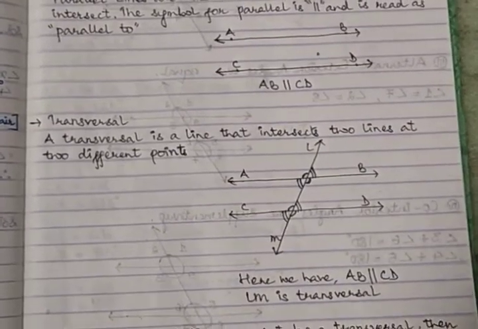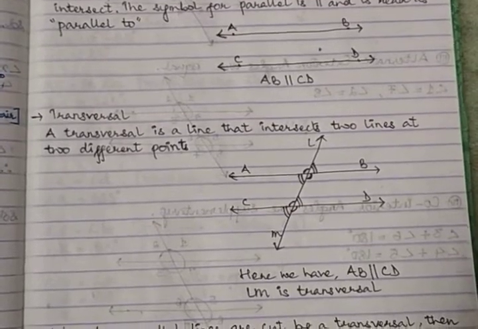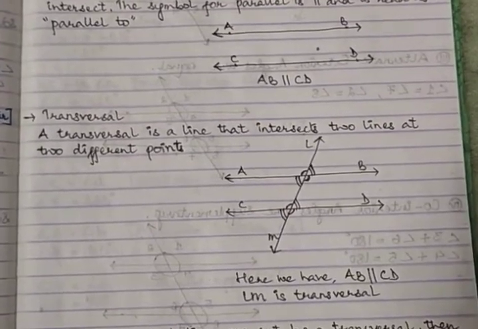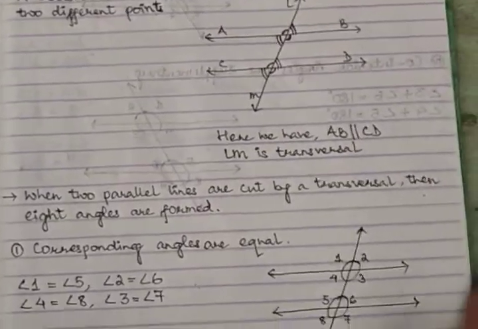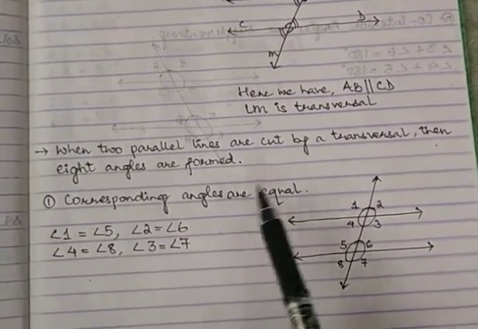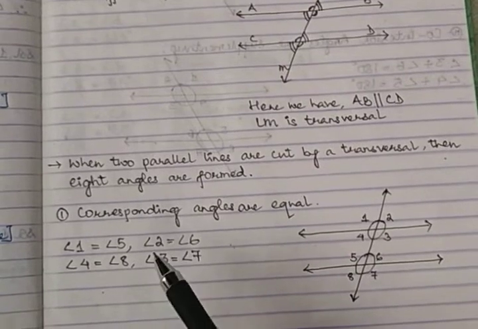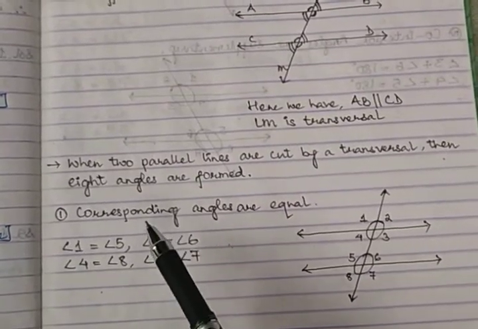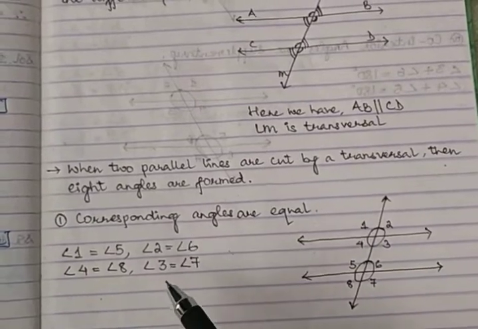In this video we'll try to understand the relation between those 8 angles. First of all, when two parallel lines are cut by a transversal, 8 angles are formed, as I have already said. The relation between some of the angles will be known as corresponding angles.